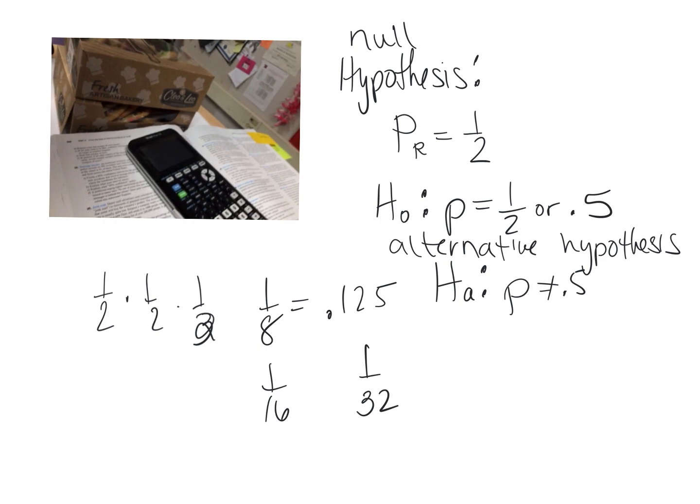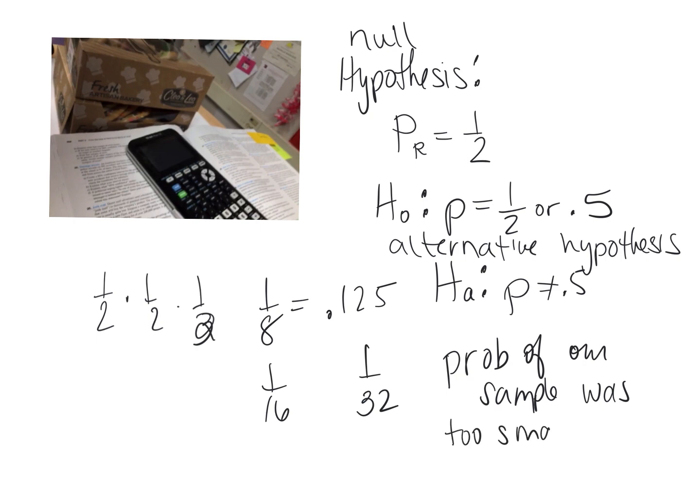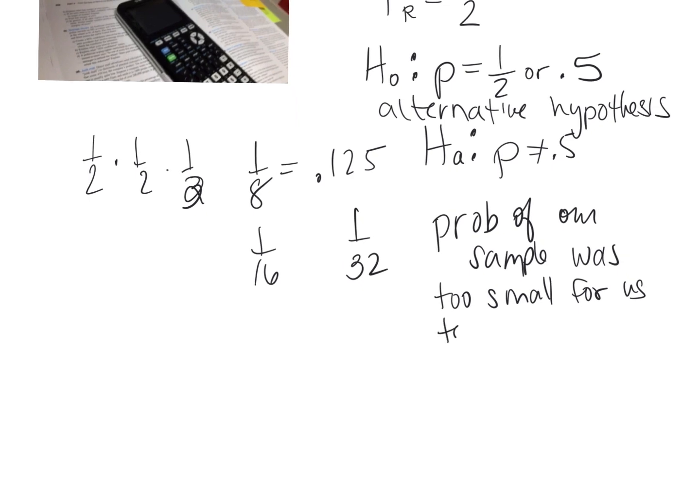But what you did was decide our probability of our sample was too small for us to believe it is just random sampling variation.